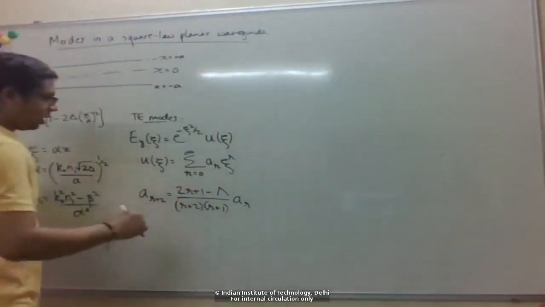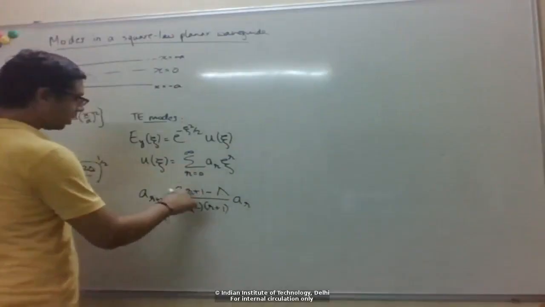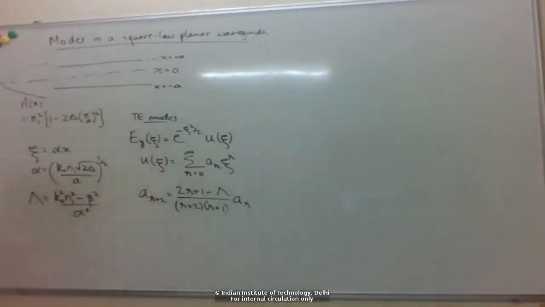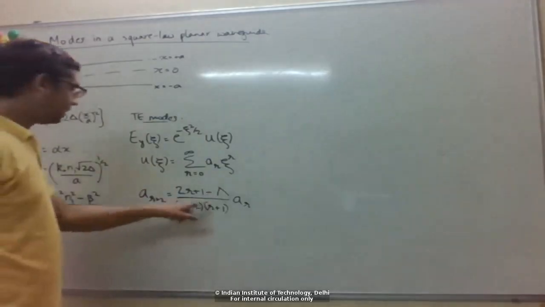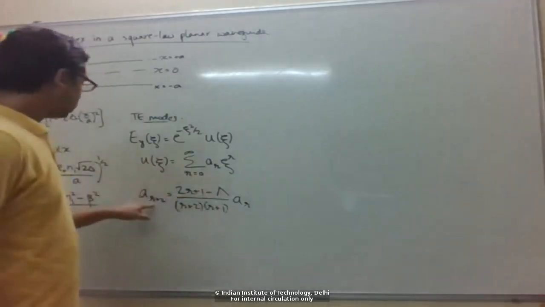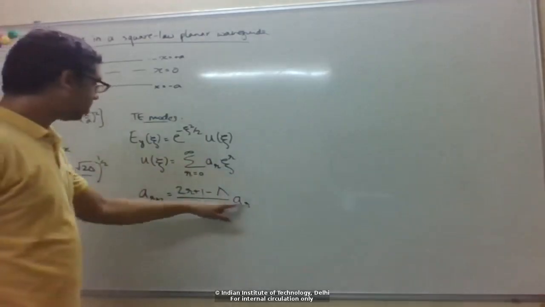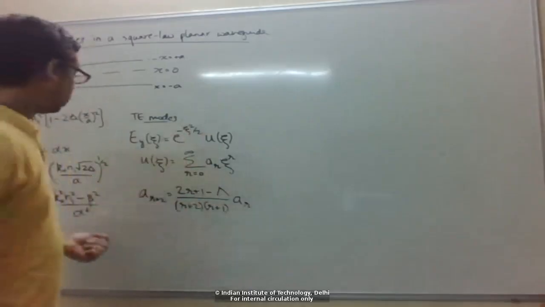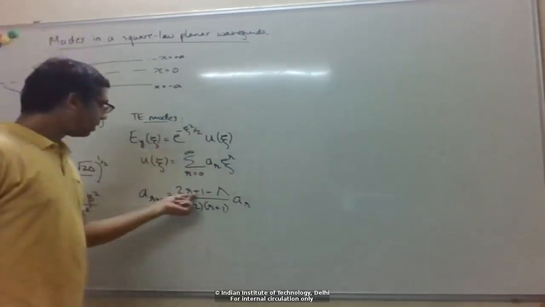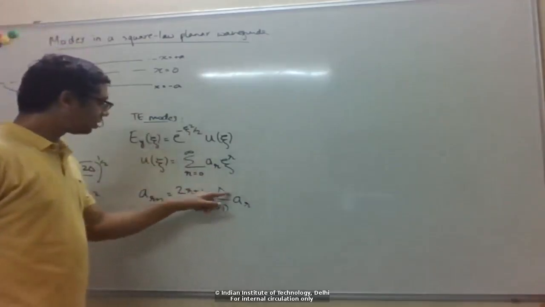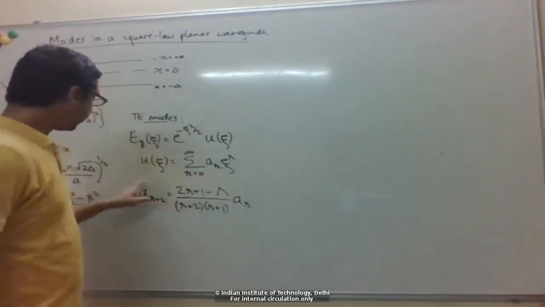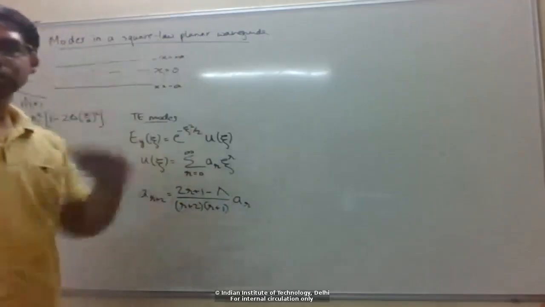That would happen if at some particular r this coefficient becomes zero. So r is an integer. We start from, let's say, a0, then compute a2, a4, a6, and so on. At some particular r, depending on the value of lambda, if this becomes zero, then the next coefficient will be zero, and all further coefficients will be zero.